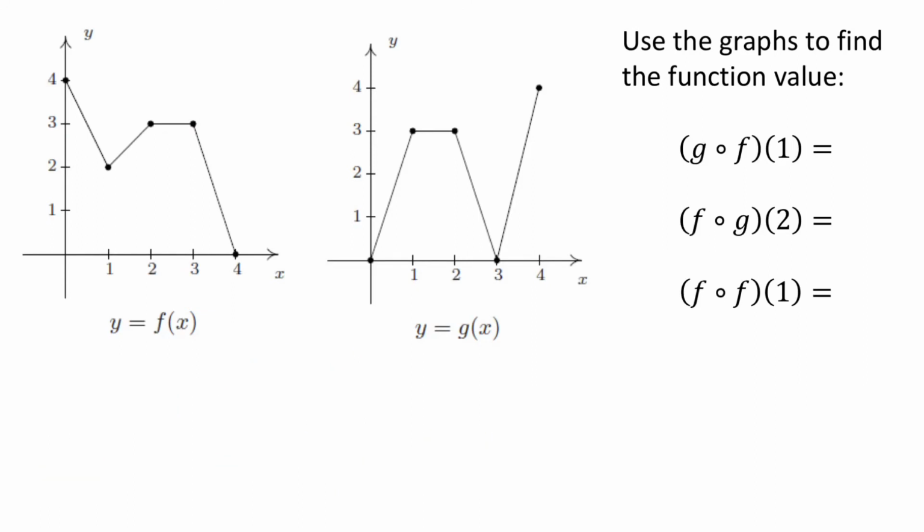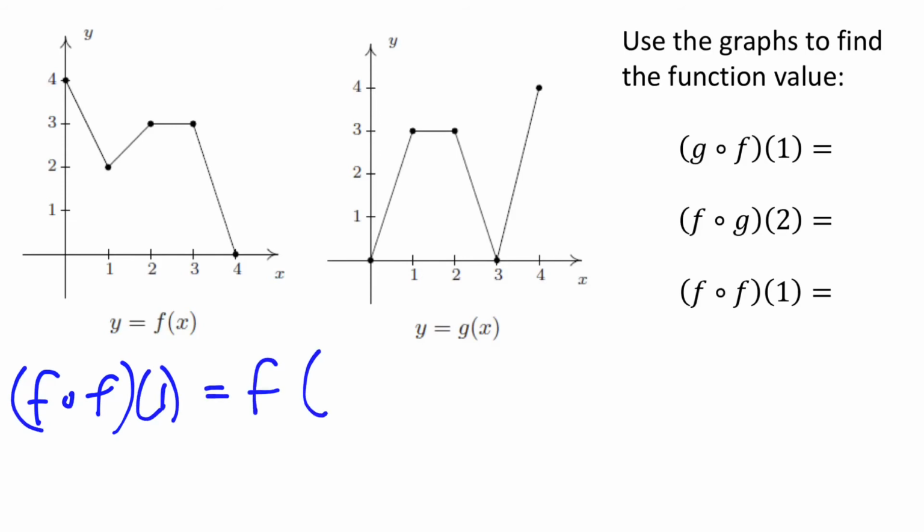And the last one says, what is f of f of 1? So we're going to use the f graph 2 times this time. So f of f of 1 is equal to f of the value f of 1. So we need f of 1.